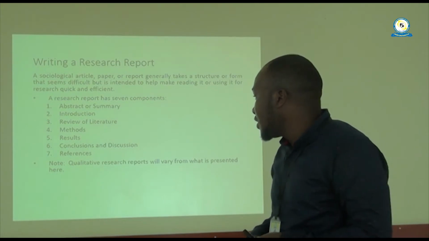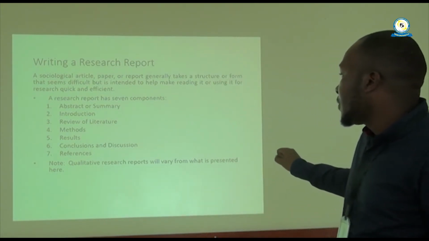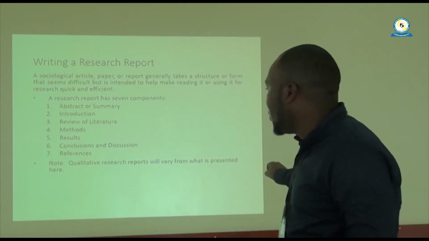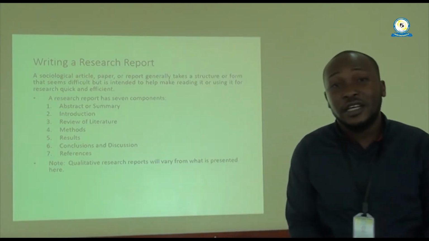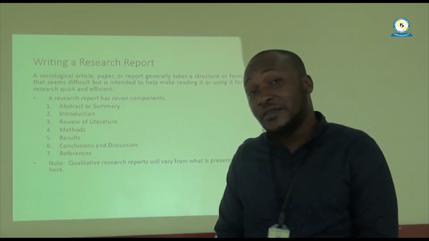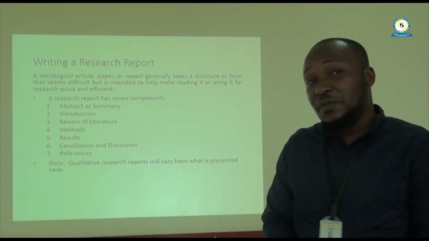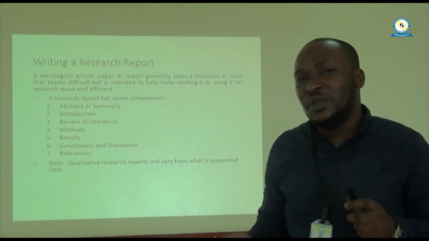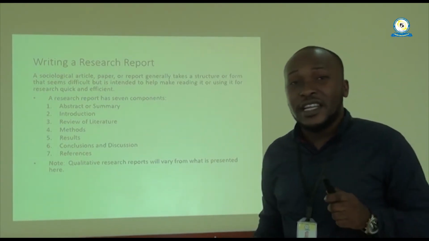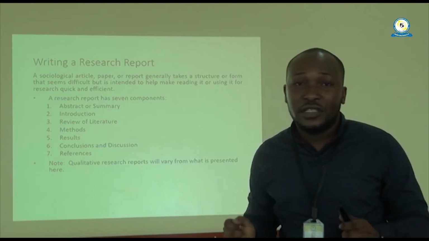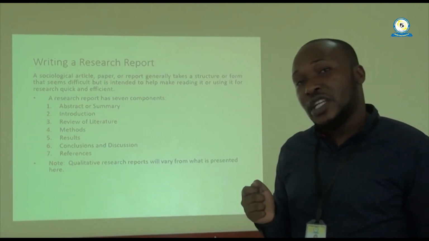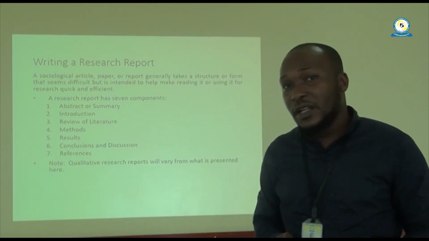But the qualitative research report will vary from what is represented here. As you know, qualitative research is different because it takes people's opinions and feelings, so you involve pictures, and even the analysis of data is different. In qualitative research, we use software like NVivo and the like.